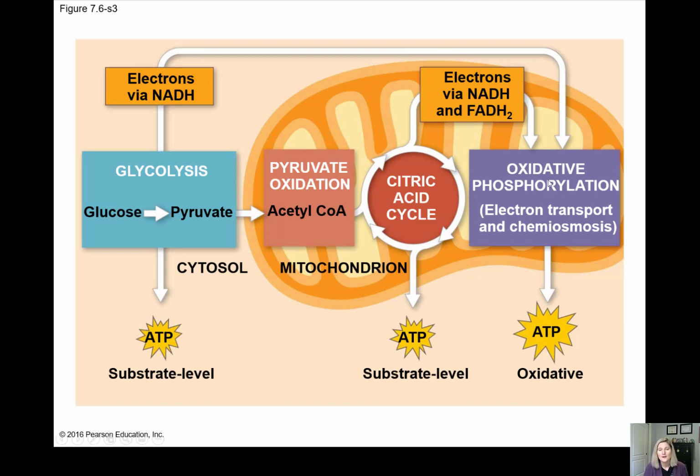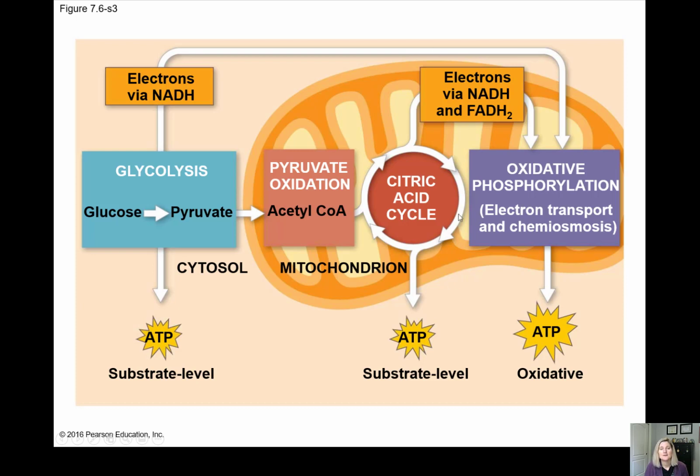That powers the enzyme, that turbine, allowing the protons to pass through again, providing the energy to phosphorylate ADP, adding a phosphate group to form ATP. So we get the end state of ATP with all of its energy.